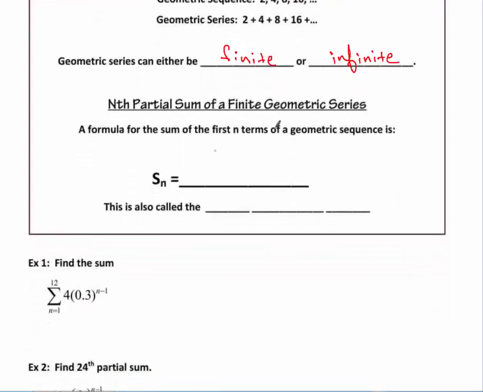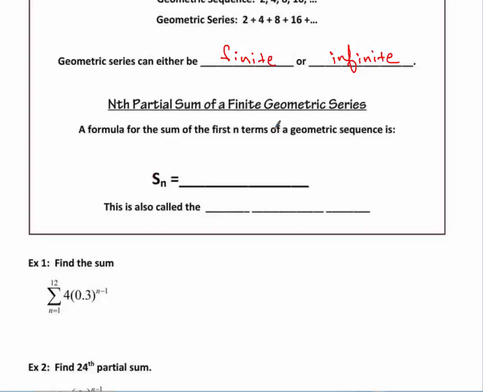And we're going to start out with our formula to find the nth partial sum. So that's going to help us find, like say we want to find the sum of the first 40 or the sum of the first 25, something like that. So n would be 40 or n would be 25.